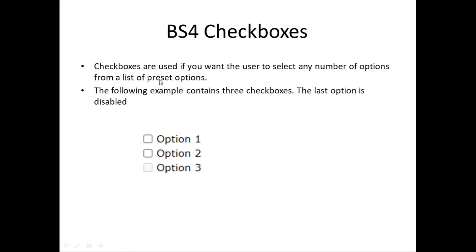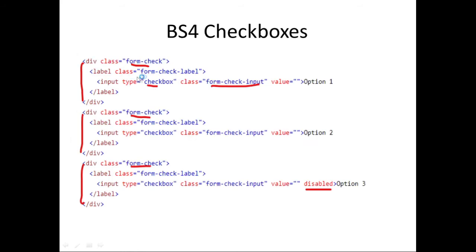And then here, for checkboxes, we use form check label. And then we have here now the input checkbox with the class form check input. Then the value, option 1, etc. The same is true with this and another with this, but this time we just added the disabled attribute to disable this checkbox.